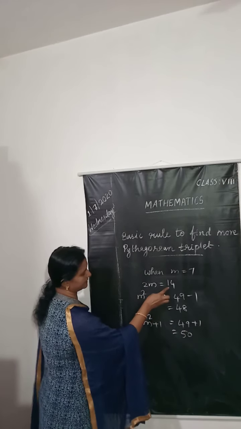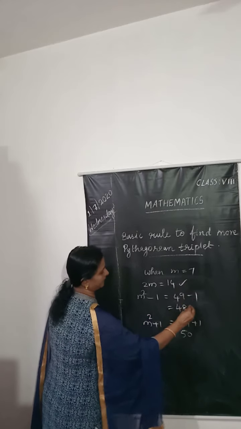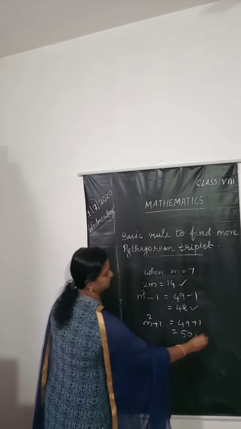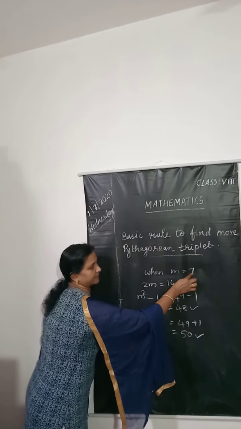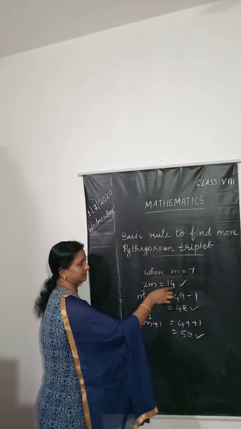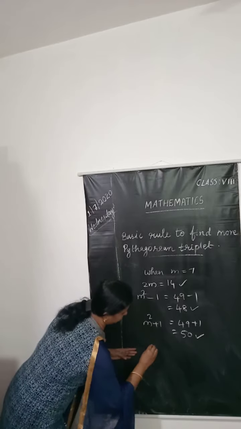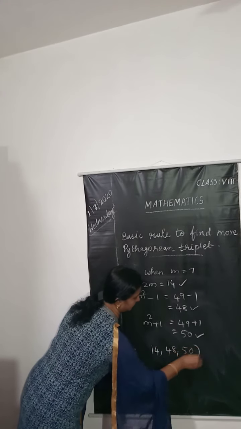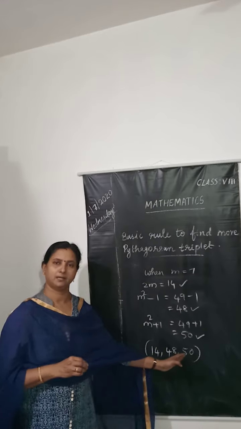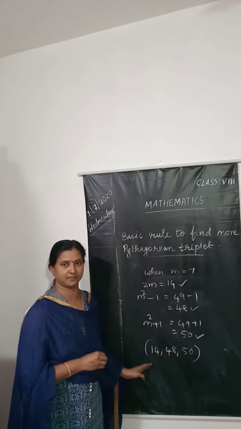So the numbers 14, 48 and 50 form a triplet. Don't consider this 7. 7 is not a member of the triplet. The numbers 14, 48 and 50 form a Pythagorean triplet.